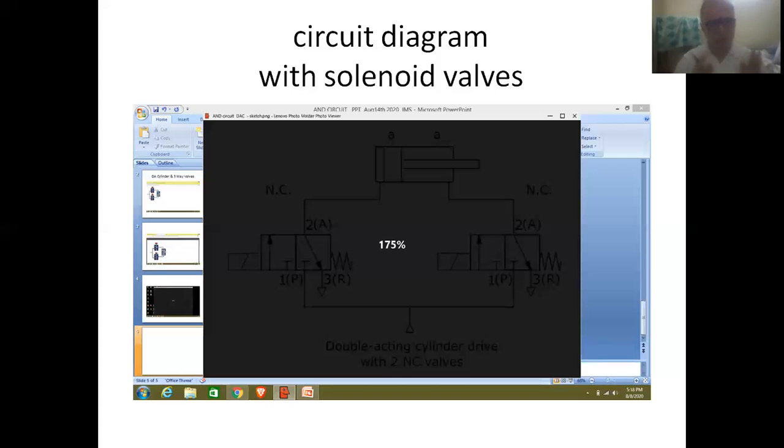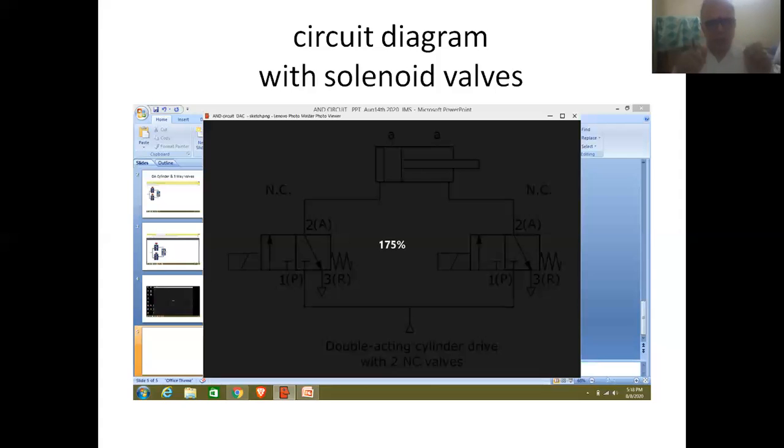So totally it is having three ports. Therefore, it is referred to as a three-way DC valve. And solenoid is used for controlling the valve operation. So therefore, they are referred to as three-way solenoid valves.